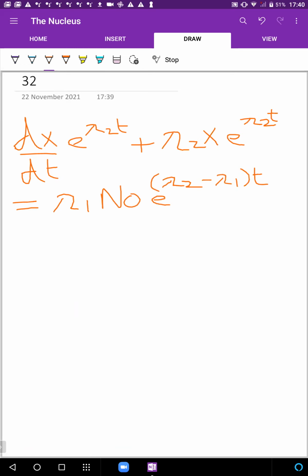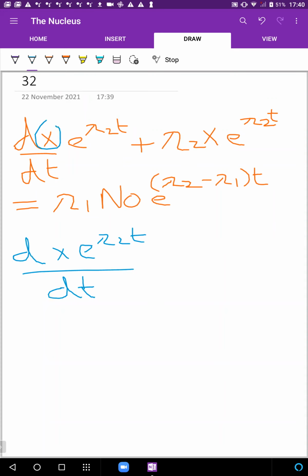And this can now be integrated because the LHS is d of x e raised to lambda 2t by dt. If you look at it in reverse, applying the product rule, it is the derivative of x times e raised to lambda 2t as it is, plus the derivative of e raised to lambda 2t times x as it is.